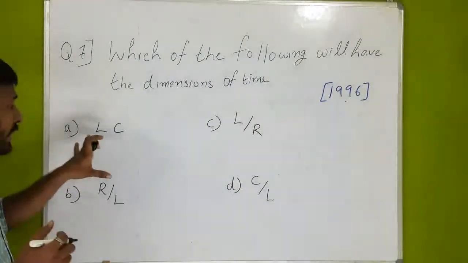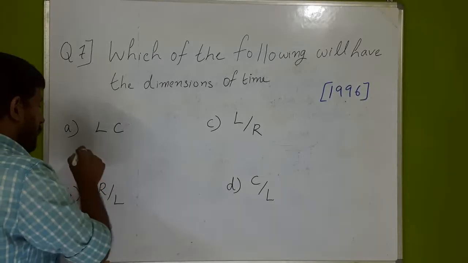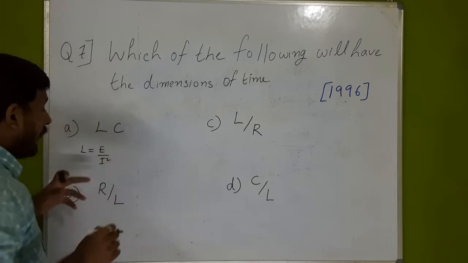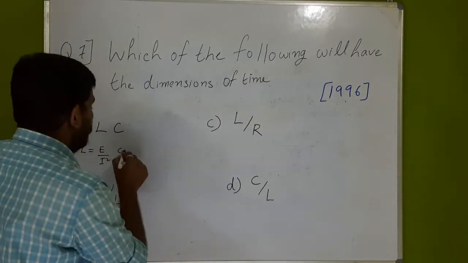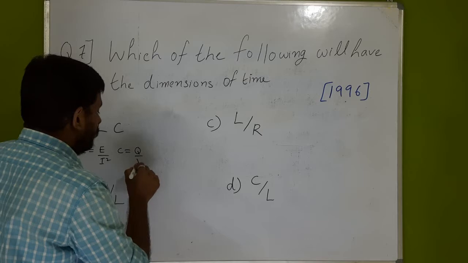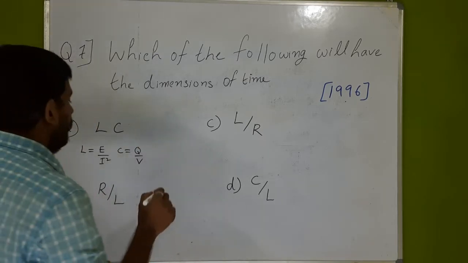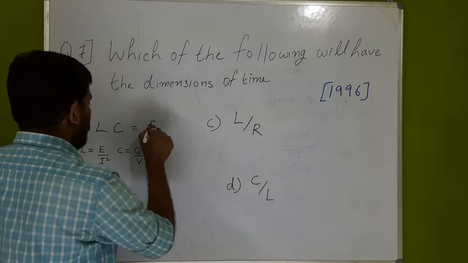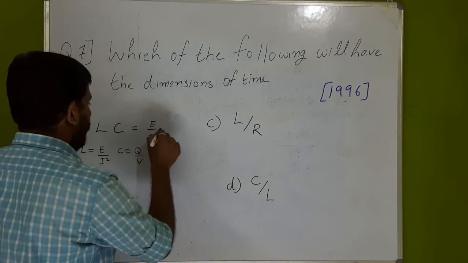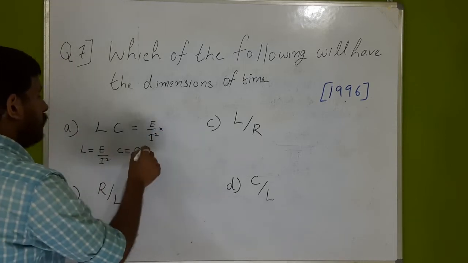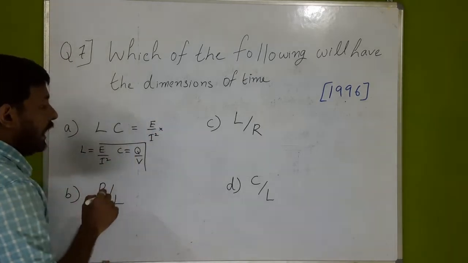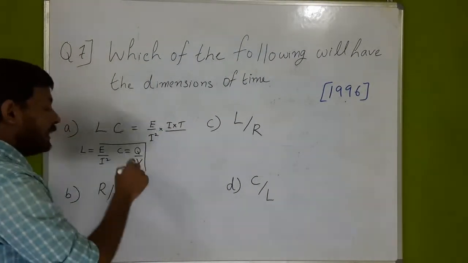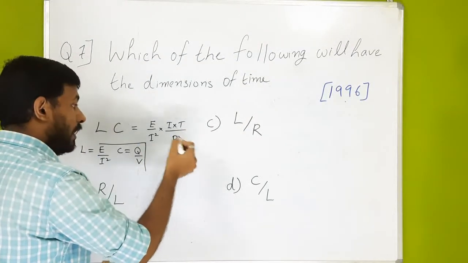We know that the inductance L, we can write it in terms of energy and current the whole square. Also capacitance, we can write it as charge by voltage. So therefore LC is equal to E by I square into Q by V, where the charge is equal to current into time, it is I into time, and voltage is power divided by current.